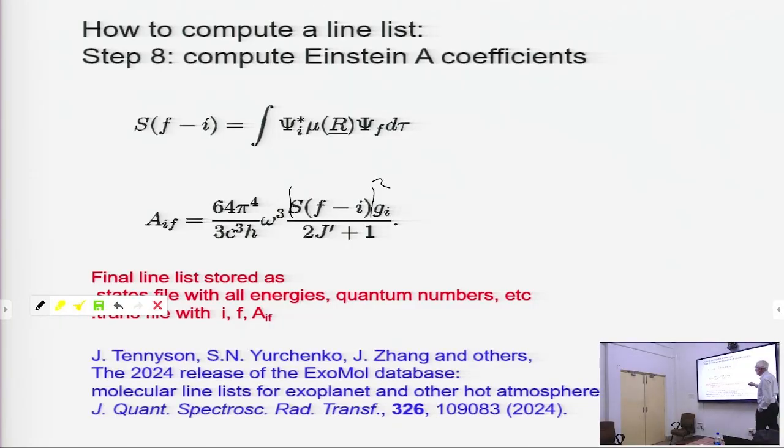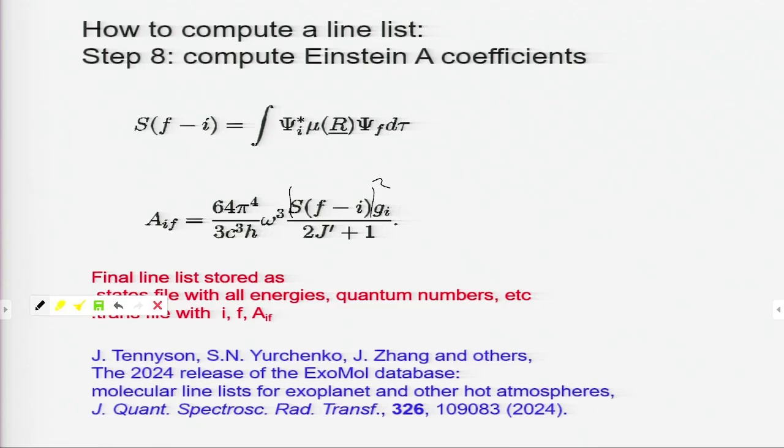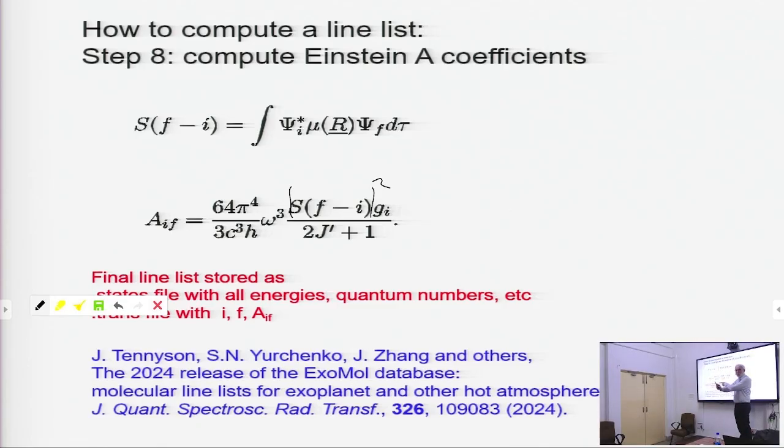So this is a transition dipole. It takes the final state and the upper state. It doesn't matter if you transpose them, they're real, so it doesn't make any difference if you take them the other way around. Integrated over the dipole.